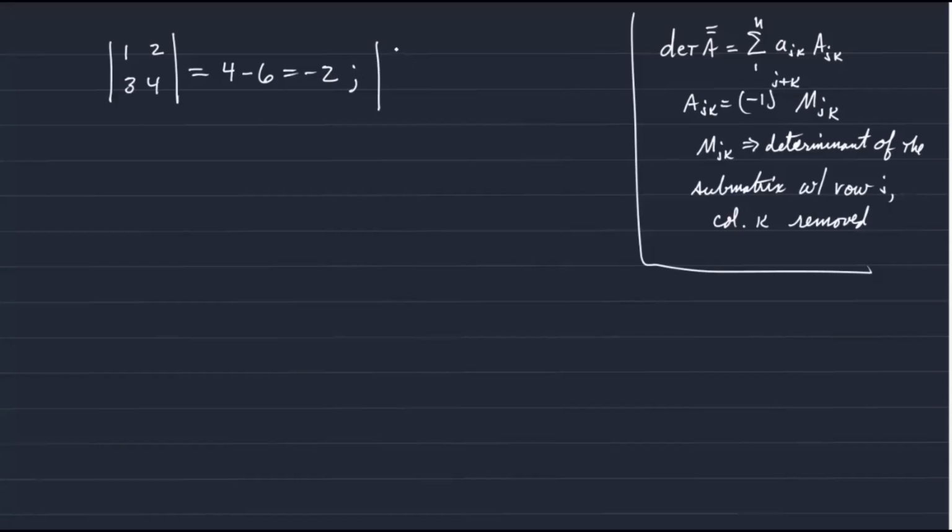The determinant of the matrix composed of 3, 2 on the first row and 1, 4 on the bottom row is equal to 3 times 4 is 12 minus 1 times 2 is 2, and that's equal to 10. Okay, so the determinant of a matrix is a scalar quantity. It's just a number. So let's look at the determinant of a 3 by 3 matrix.